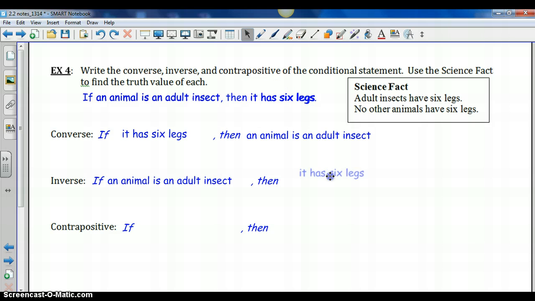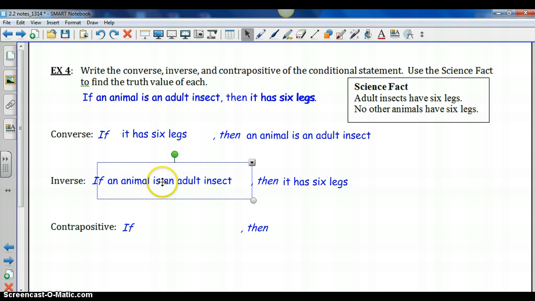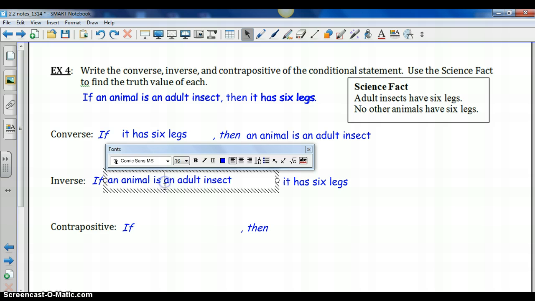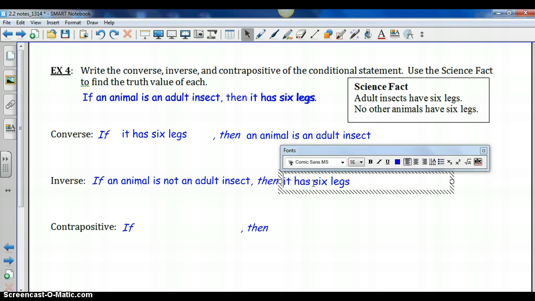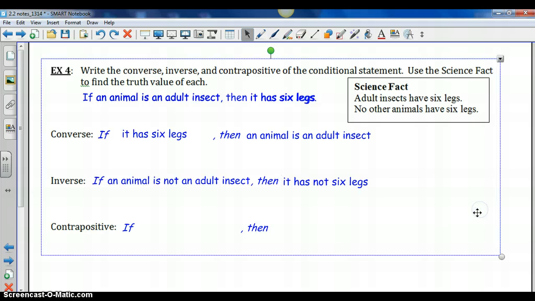We will leave the order the same, but we will add the word not. We will negate it. So we would say if an animal is not an adult insect, then it doesn't have, or we could use the phrase has not 6 legs. That is correct English, but it sounds a little bit different.